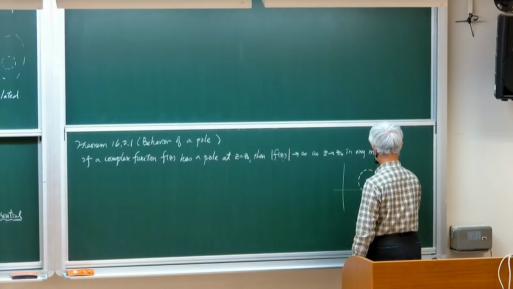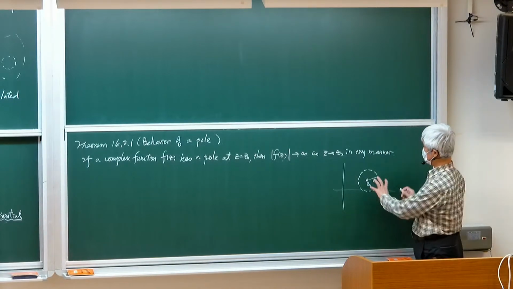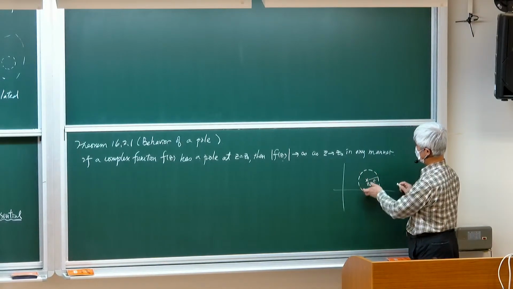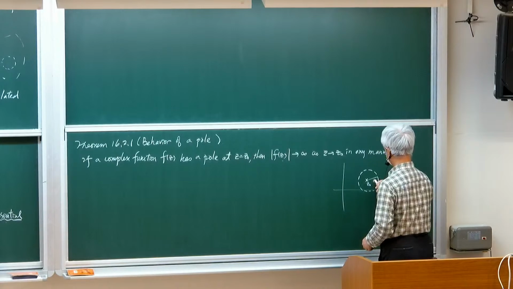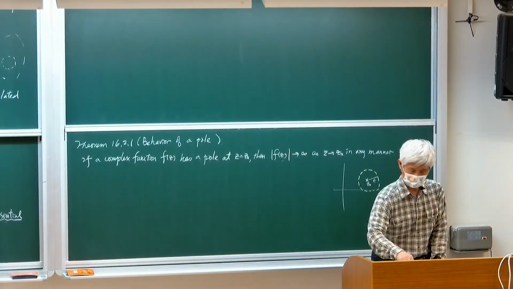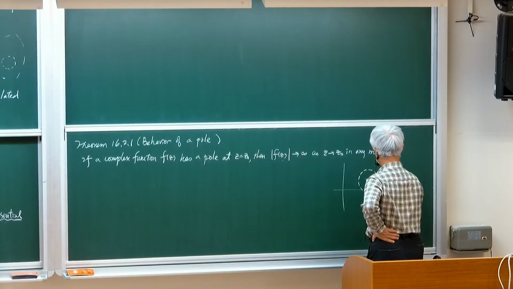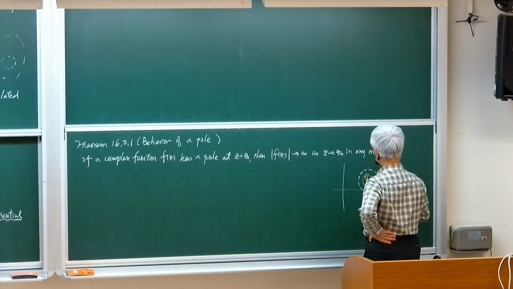And this is epsilon. So you can see that if epsilon goes to 0, so if the neighborhood goes smaller and smaller, this is epsilon prime.